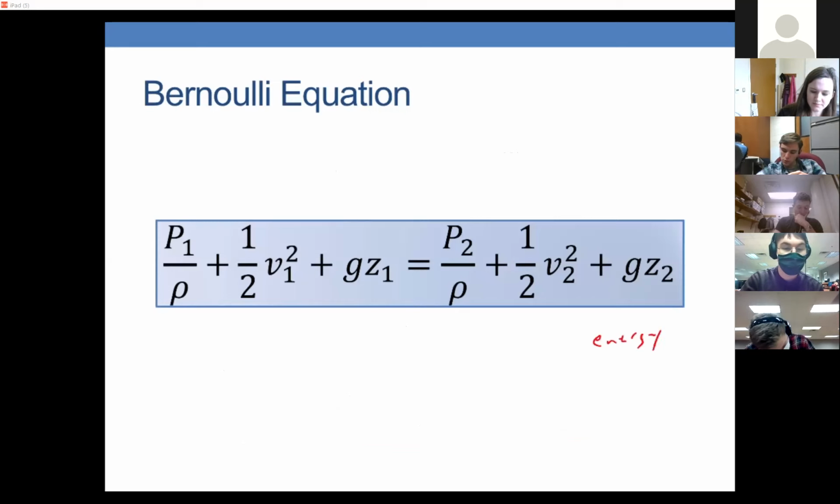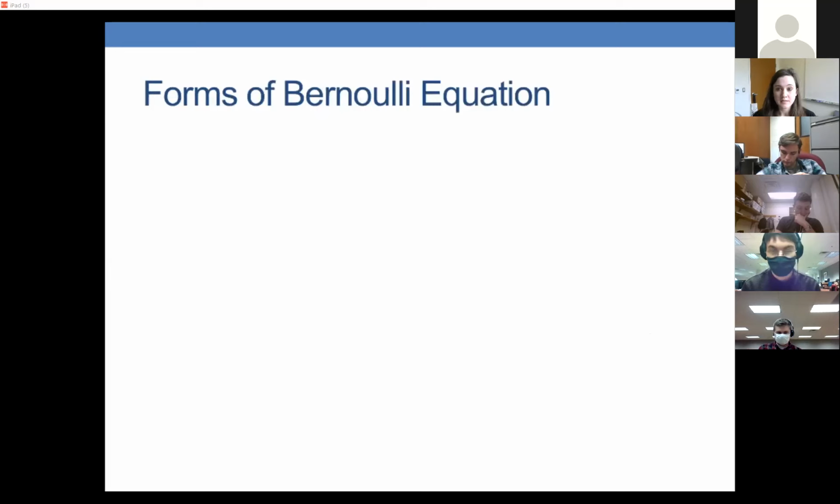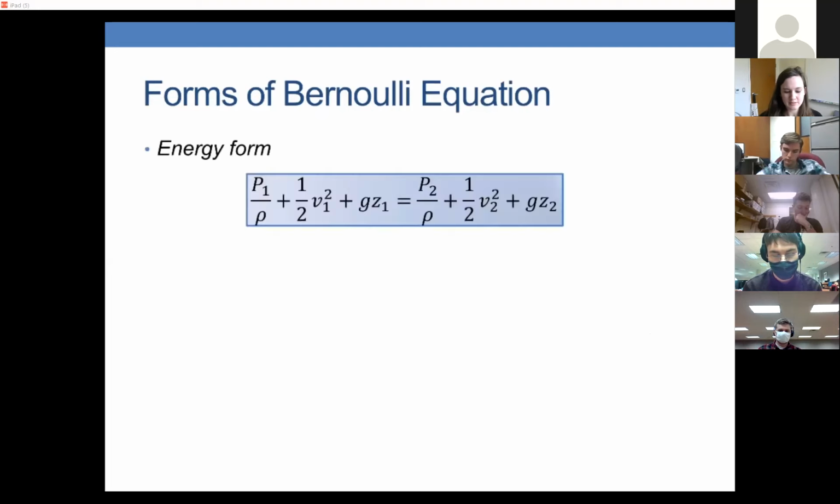So this is energy per mass, but you can also express it in different forms.